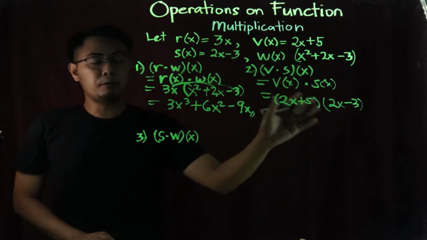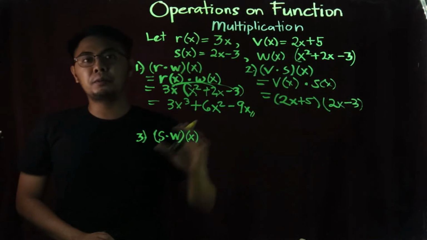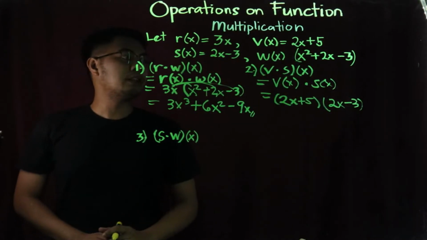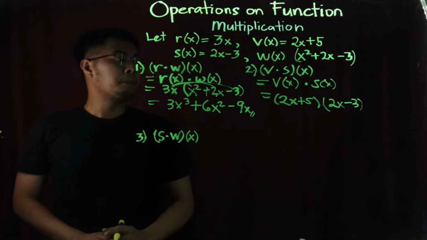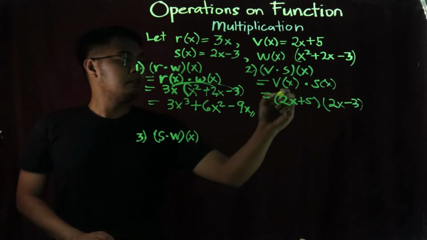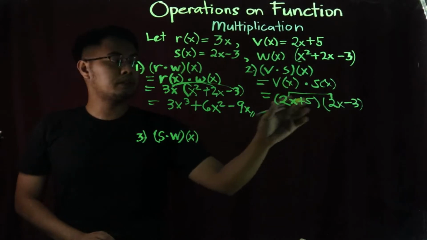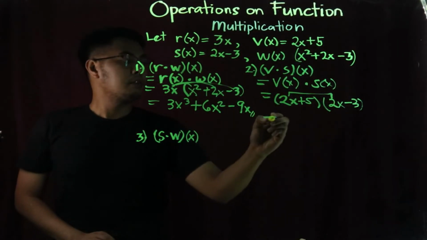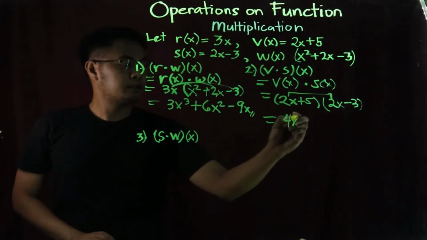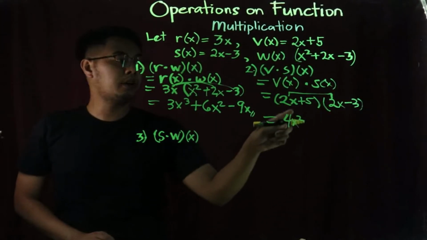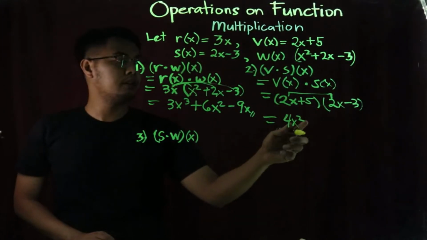Kapag nagmumultiply tayo ng binomial by binomial, pwede natin i-apply yung tinatawag na FOIL method. Ang FOIL method ay multiplying first term by first term. So that is first term by first term, 4x squared. 2 times 2 is 4, x times x, x is squared.